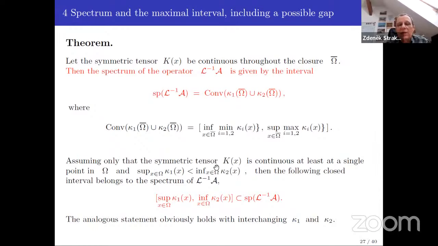So this really looks like a discouraging issue, because this shows that for our model problem, we have these discontinuous coefficients. Say we can see that we have little smoothness between them, so they are continuous but with very different values. Then it happens that the spectrum of the preconditioned operator is simply an interval.